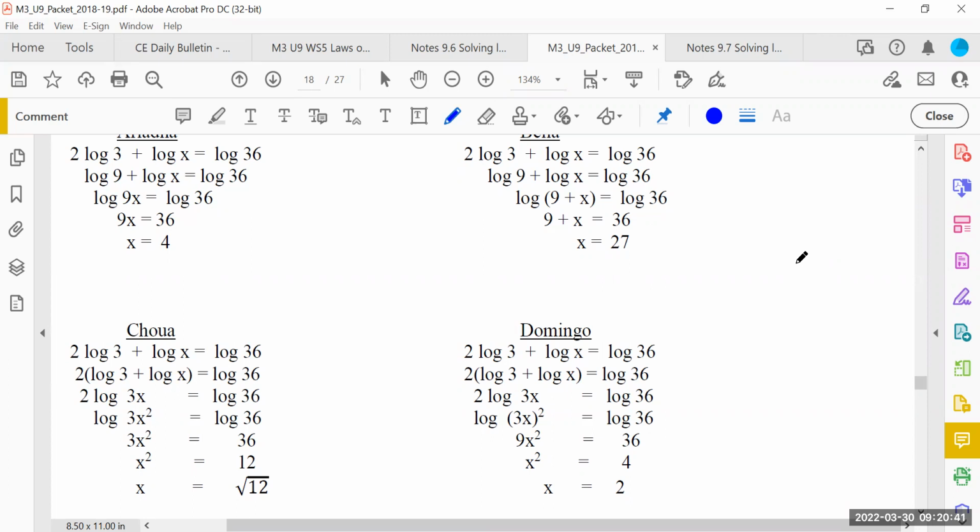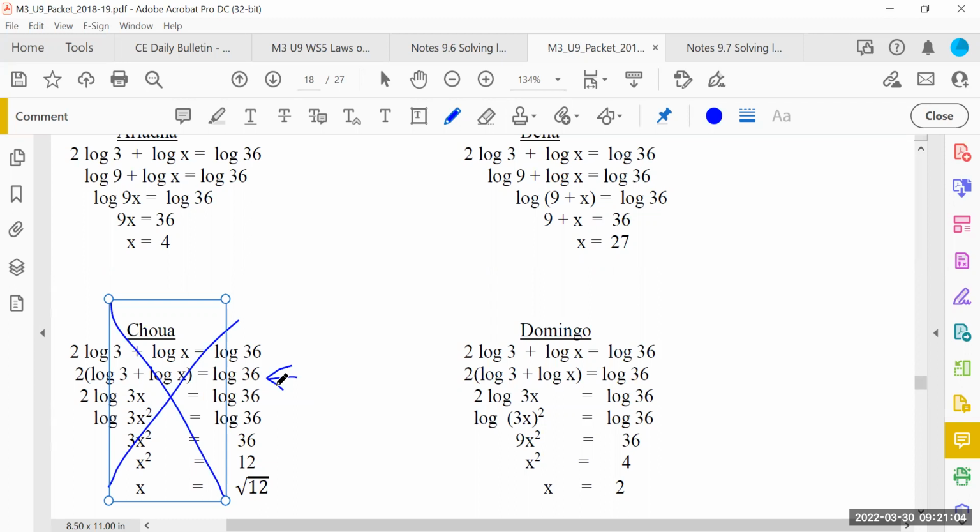Looks like they grouped the log of 3 and log of x together, even though this one doesn't have a 2. They can't do this because now you're doing 2 times log of x. It's double what it should be. This one's no good because of step 2 right there.